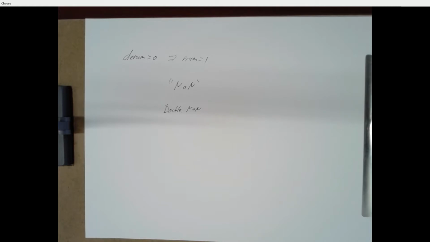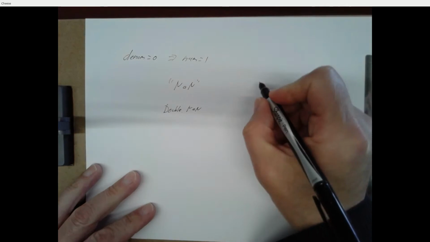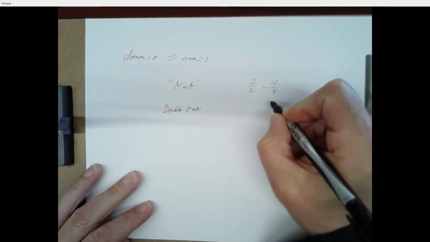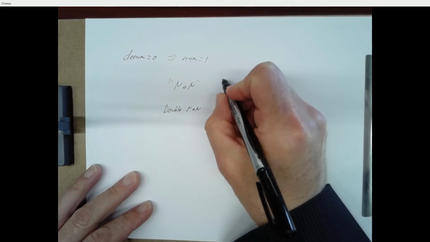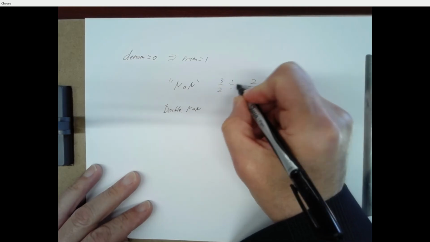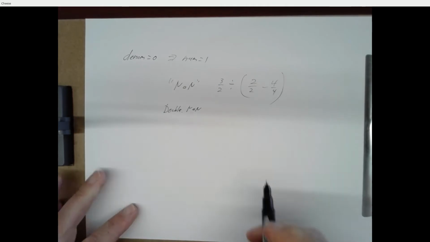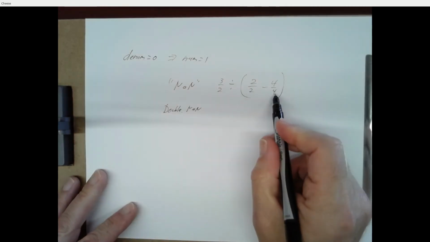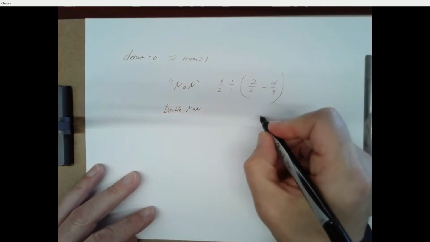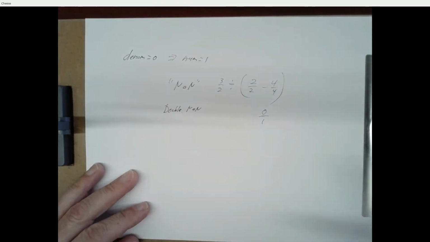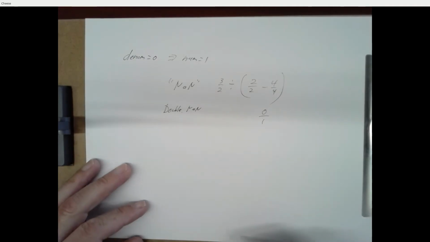Okay. So if you do something like 2 divided by 2 minus 4 divided by 4, and you take 3 halves and you divide it by this, what's going to happen? You're going to use this thing sub 4, 4, and you're going to end up with 0 over 1, or 0 over 8, and you'll simplify that to 0 over 1.